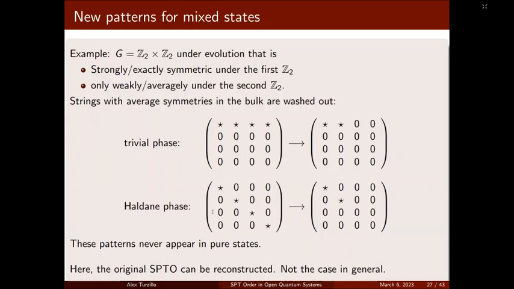They're special patterns of zeros that only these mixed state average SPTs can satisfy. And in some sense, we can talk about the original SPTO being preserved because it can just be reconstructed. It's clear just by looking at the pattern you get on the right after the evolution what you must have started with. But in more complicated situations, a full reconstruction is not possible.